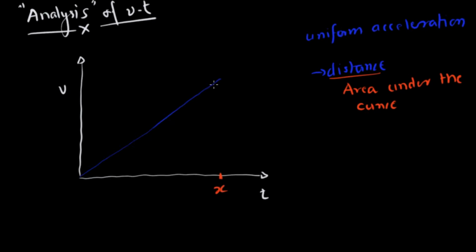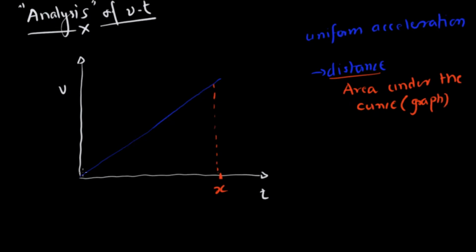I need to find the distance traveled by the object during this particular time. As I told you earlier, the distance can be calculated by finding the area under the curve. So if this is my line, in other terms I can call this a graph, otherwise it can be misleading.